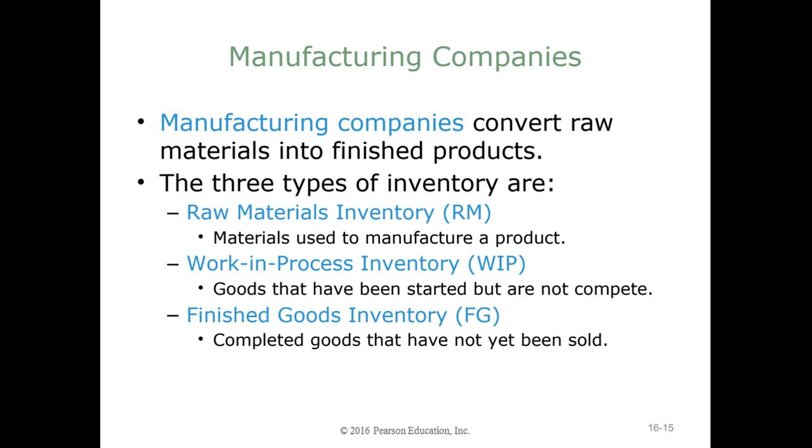They start with their merchandise inventory plus purchases and freight in, which equals the cost of goods available for sale, minus the ending merchandise inventory, which leaves us with our cost of goods sold. We'll run through this again, but I just want to point out where those two formulas are located in your book.